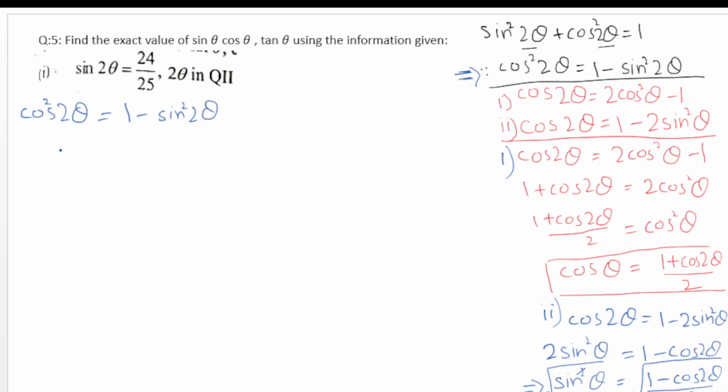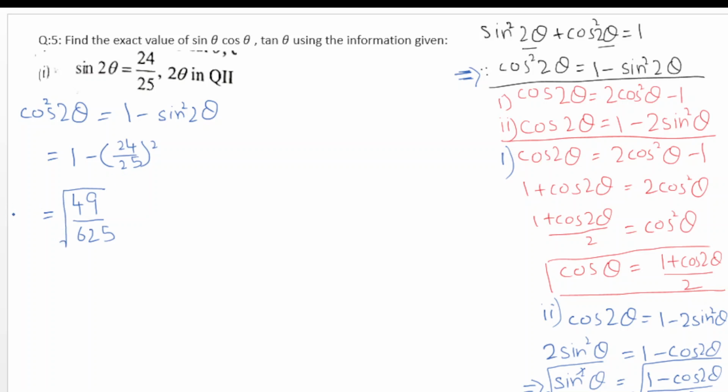After putting the value over here, that will be 24 by 25 square. So it will be 1 minus that. After solving, you can use a calculator over here. After solving all, I will write here 49 by 625, square root.